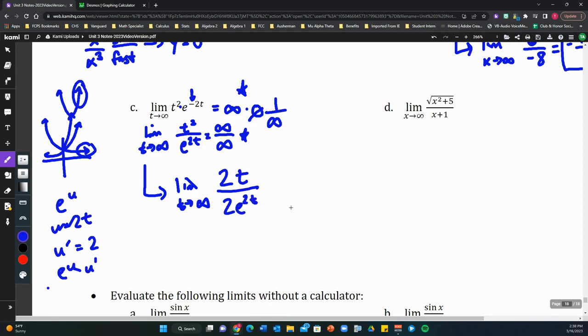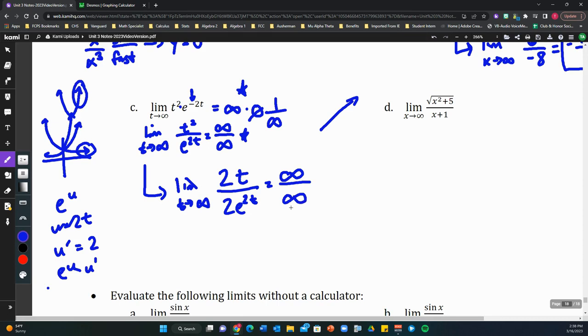Now if I take my limit again, 2t, another polynomial. That one is linear, so as I go to the right forever, still going to infinity. And the bottom guy is the same e to the 2t, but now it's multiplied by 2, so even faster growing, but it's still heading towards infinity.